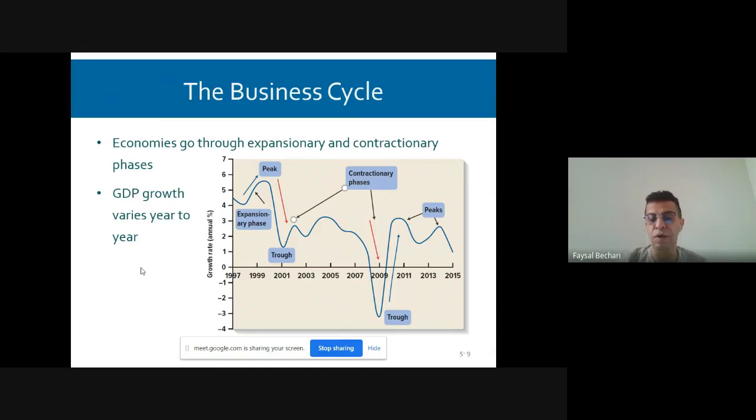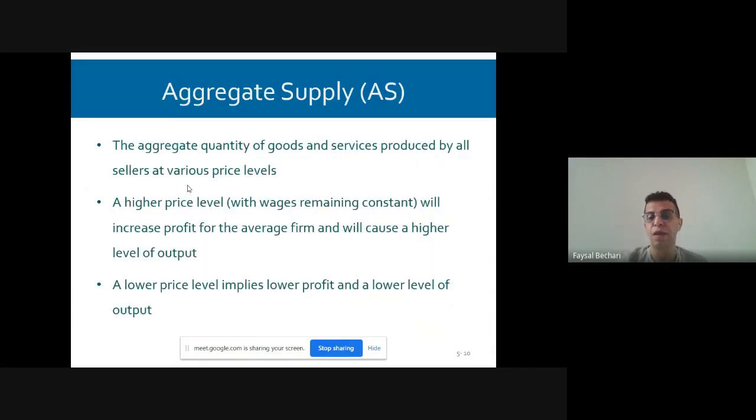We see a peak with expansion, and then a recession with a drop in real GDP growth, and it keeps moving up and down because of the business cycle.